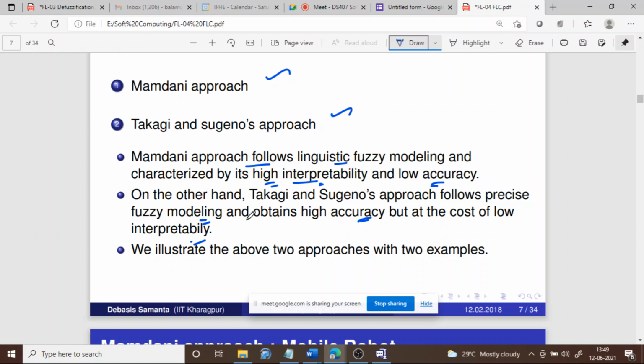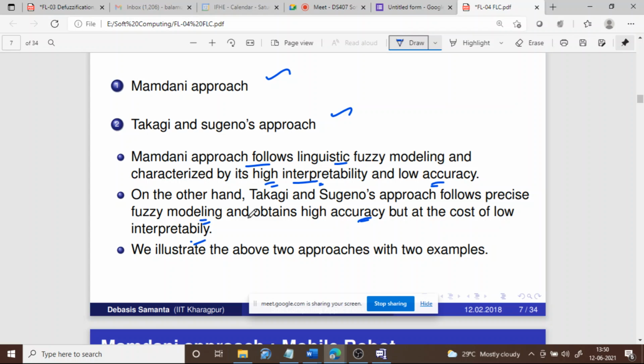Actually, interpretability is also an important requirement in any scientific development. Sometimes you may say that my algorithm, or whatever device I have created, is providing wonderful results. But actually I don't know how it is providing wonderful results. If you say that, then it means the system is uninterpretable.